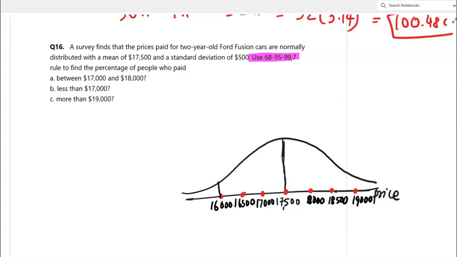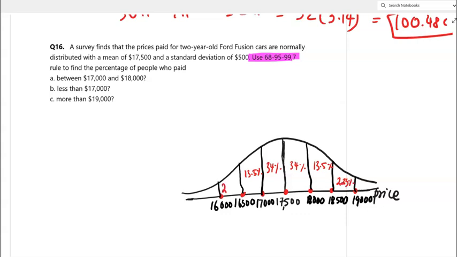So the rule says this. Let me make a section here. The rule says each section has a percentage. This is 34%. This is 34%. This is 13.5%. This is 13.5%. This is 2.35%.